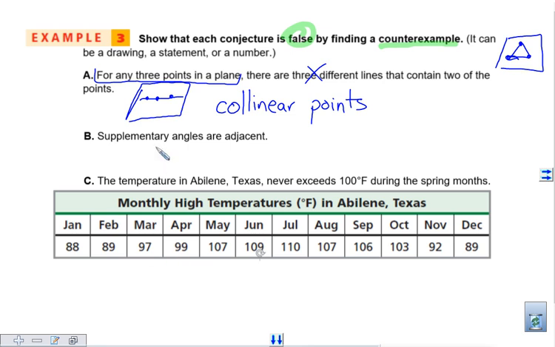Our next one, supplementary angles are adjacent. So on this one, we need supplementary angles, but we don't want them to be adjacent. Remember, supplementary angles are angles that add up to 180 degrees, and adjacent angles are next to each other. So we want 2 angles that add up to 180 degrees, but we don't want them to be next to each other.